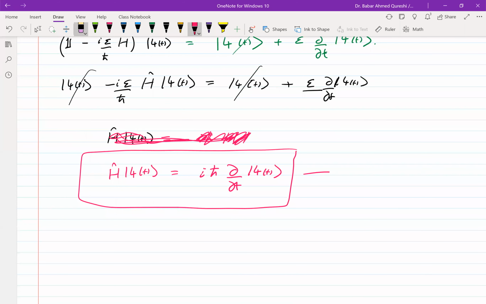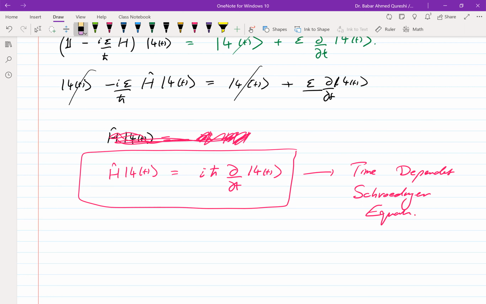This is called the time-dependent Schrödinger equation. The name is coming because of a huge amount of history. Otherwise, it's a very simple statement.